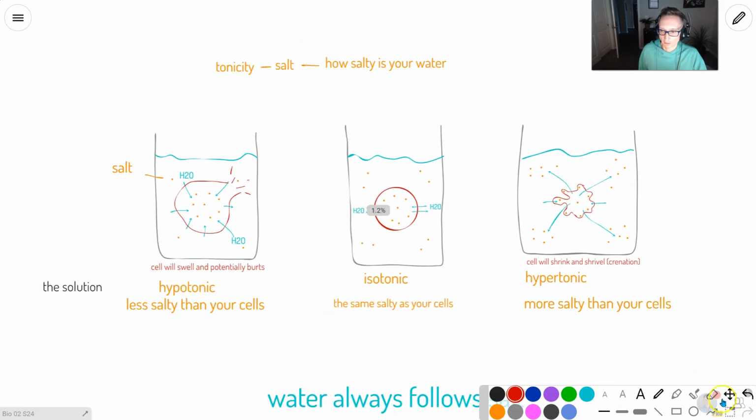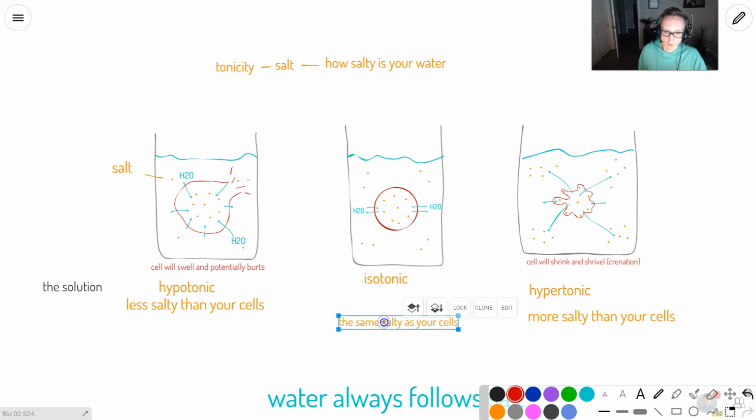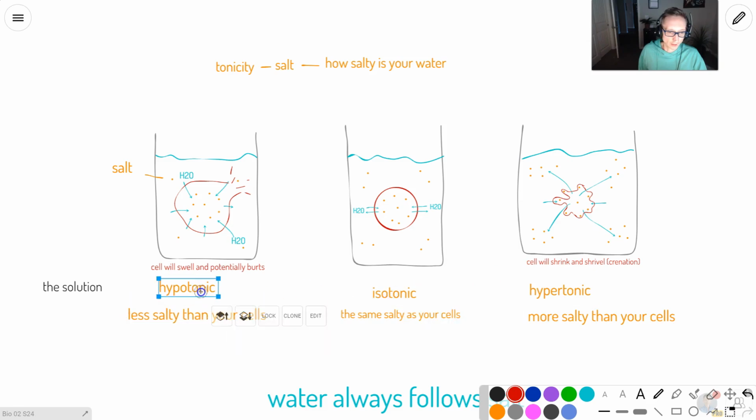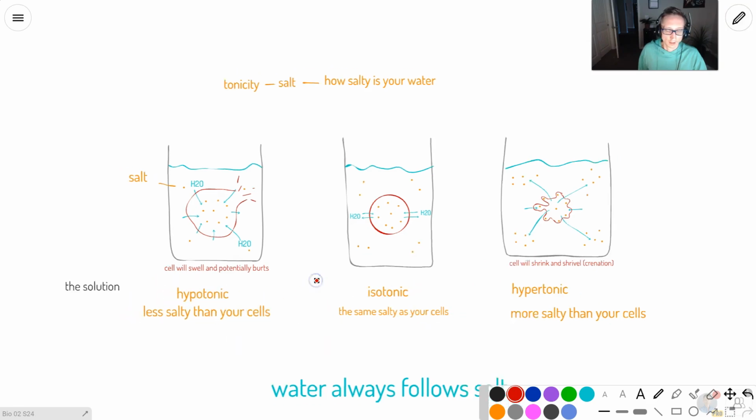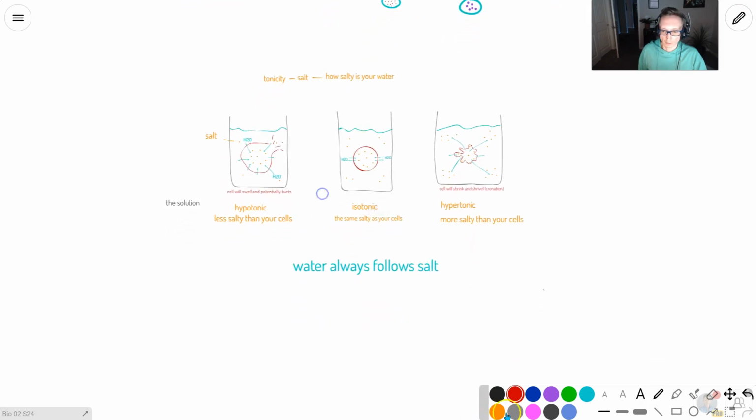Pretty nifty stuff. Okay. So this process, we're going to explore this in lab actually, a couple of different ways. This process is called osmosis. What is osmosis? It's a very specific thing, and I'm going to put this in red because it's really important.